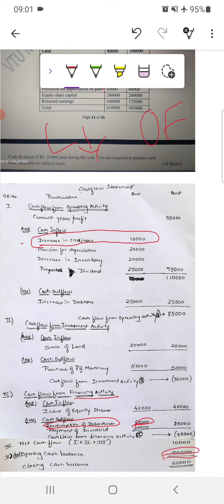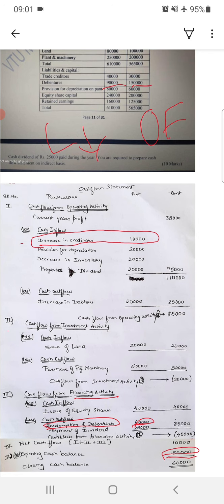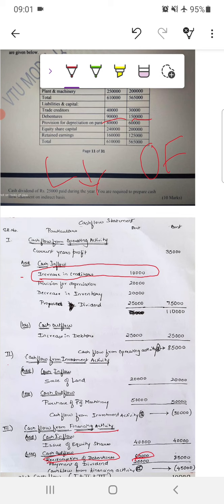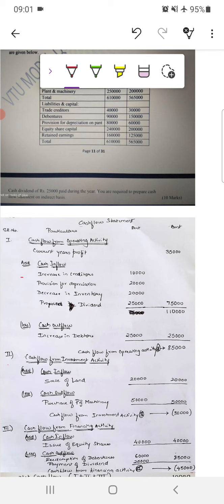Next is provisions for depreciation. Now provisions, normally we consider them as current liabilities. So always remember, provisions should be considered as current liabilities, okay, for easy understanding. So since it is a current liability, it belongs to operating activity. Now let's see whether it has increased or decreased. Your provisions were 60,000 in the previous year.